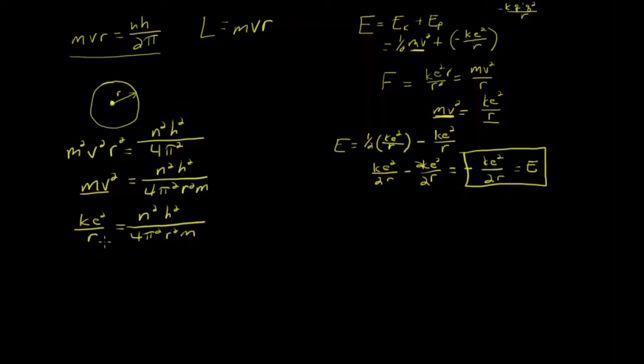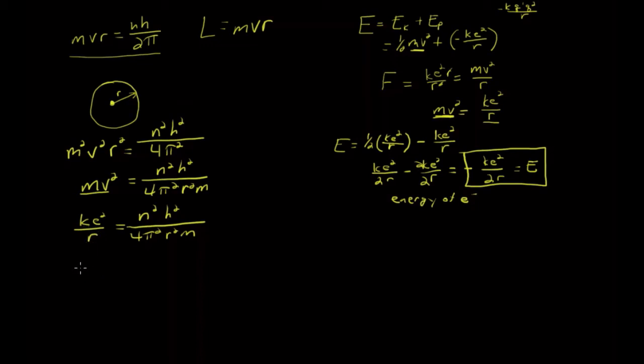And let's solve this. What we did before is we found the energy of the electron as it's going around. Here we're going to find the radius of the atom.